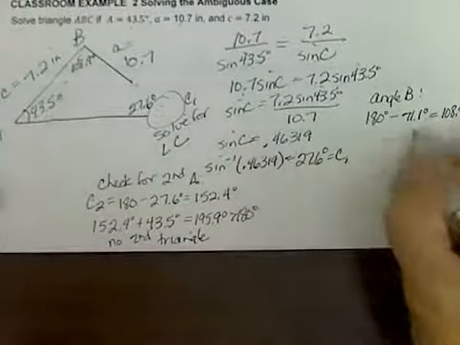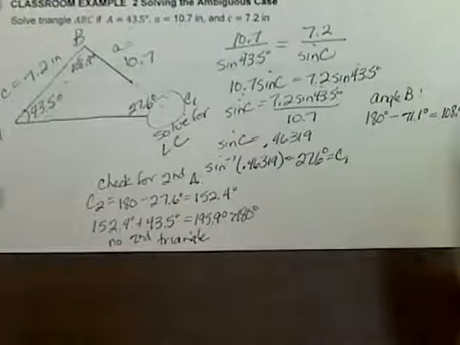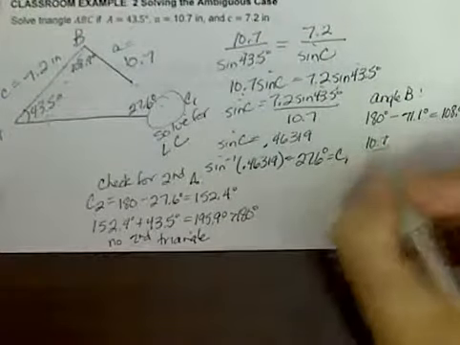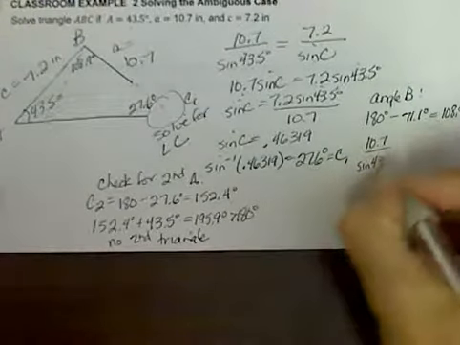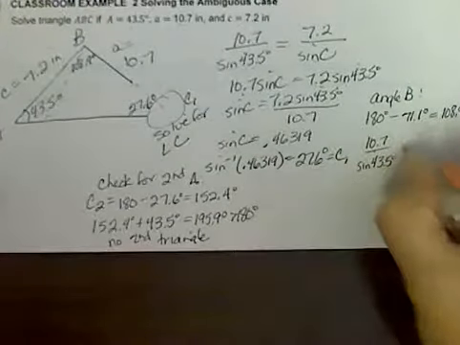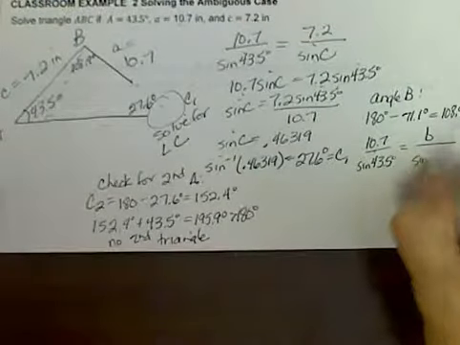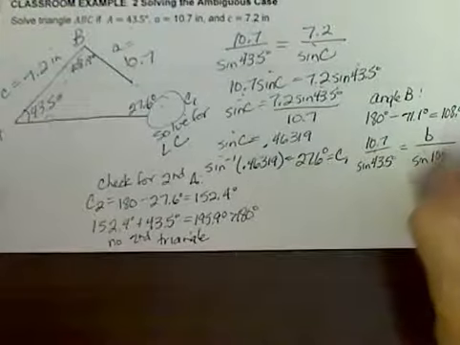Now I can find side B using the law of sines. I'm going to take the two values I was given, which were side A and angle A, and use that on one side of my proportion. And then I'm solving for side B, and I'm going to use angle B here.